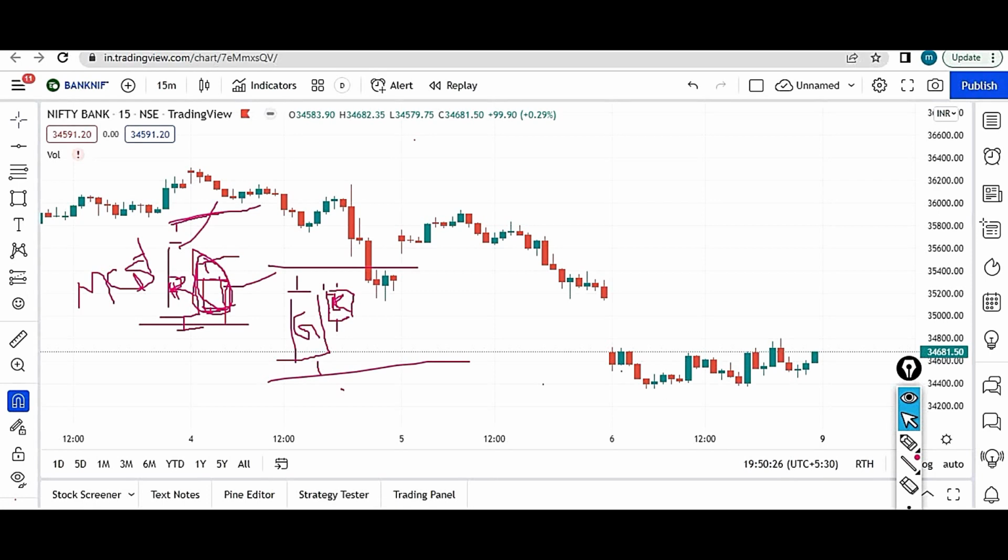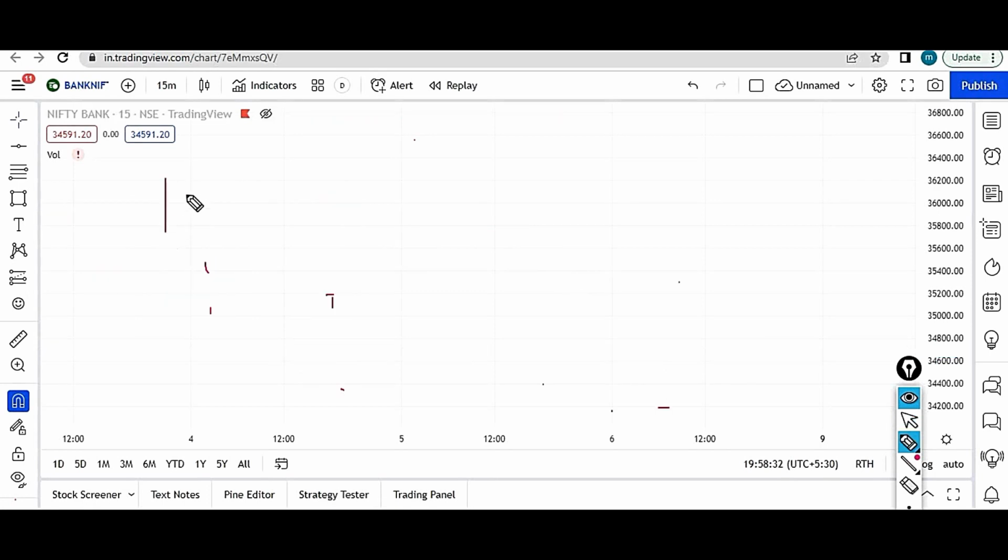That is the basic point. The master or mother candles could be like this, very big, with small candles inside.